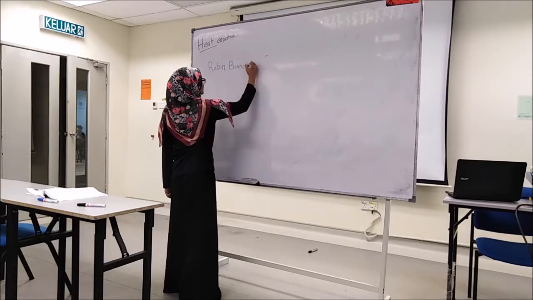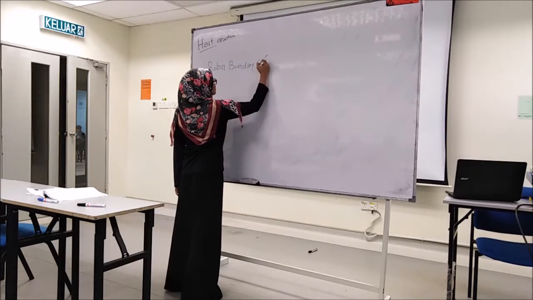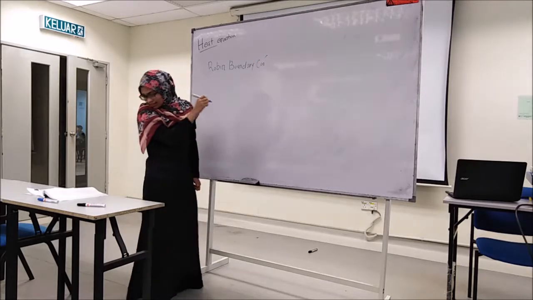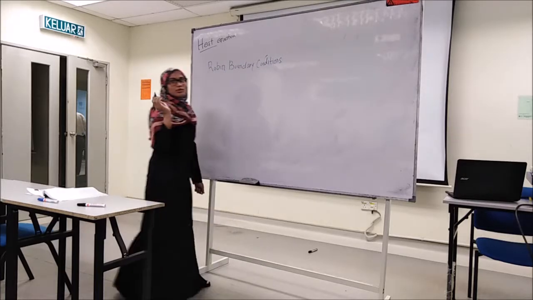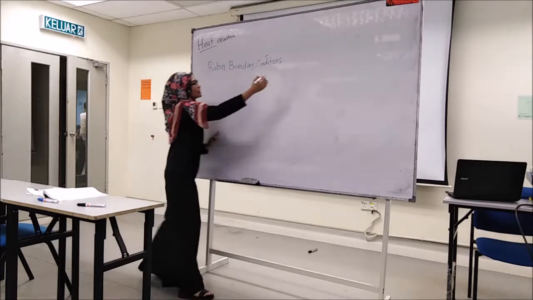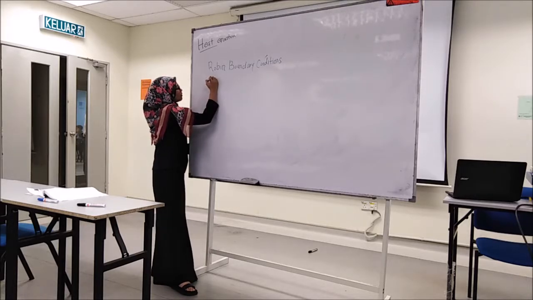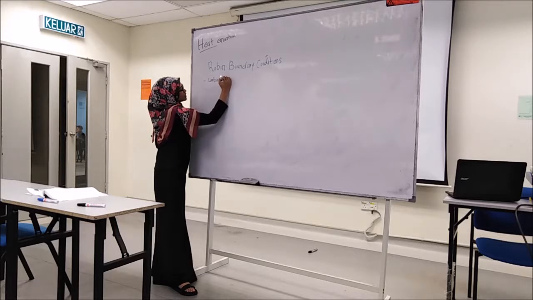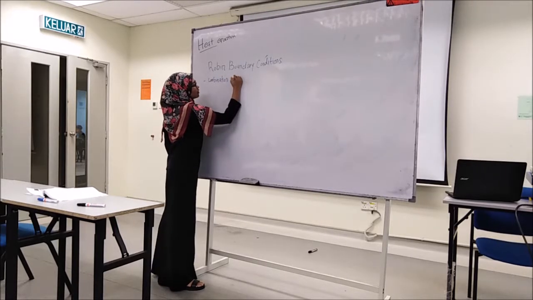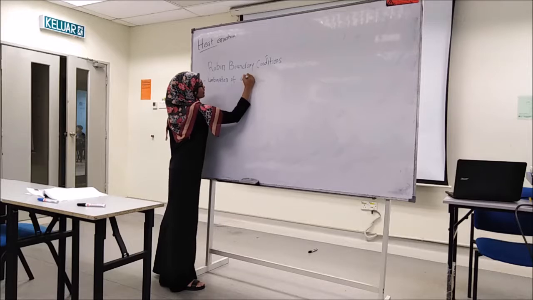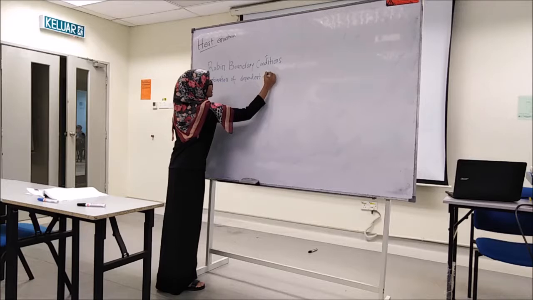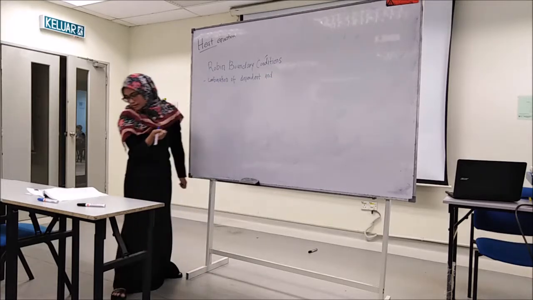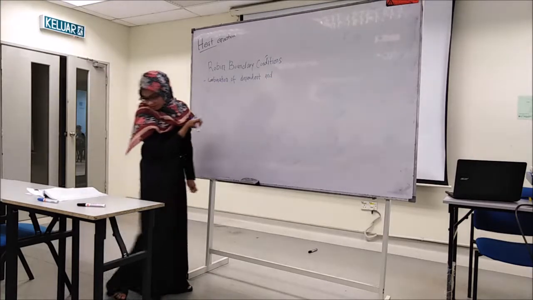So for the Robin boundary condition, I already told you, this is a combination of dependent and derivative.